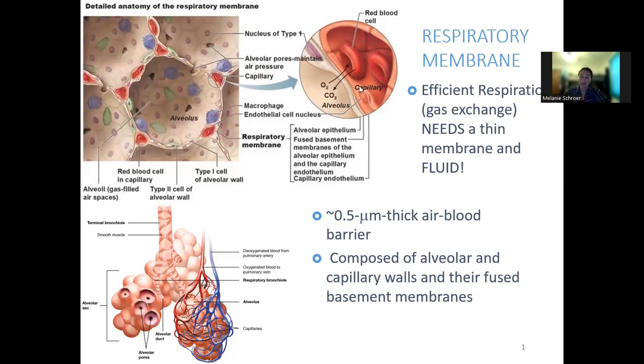Right next to it is the capillary, the endothelial cell, and it too is as thin as possible. Yes, it is a continuous capillary, so there are not big gaps or anything between the cells, but literally these are the thinnest cells we can possibly make. And of course, we fuse them together with the basement membranes, and together, both of those cell layers turn out to be this super skinny barrier.